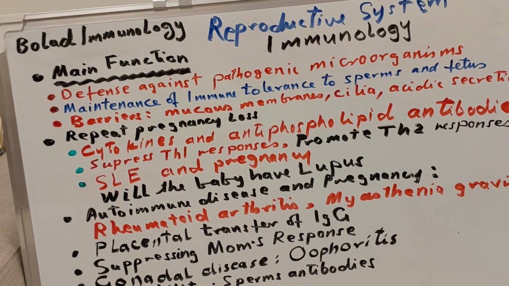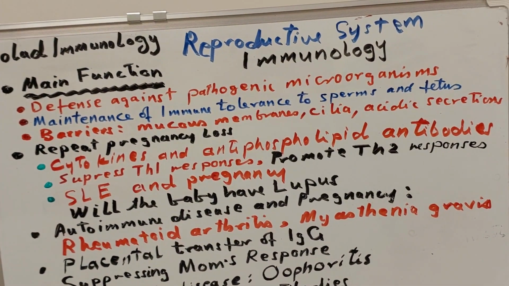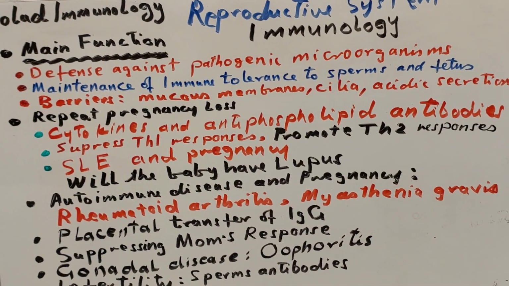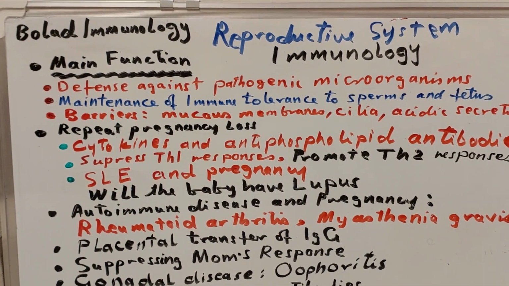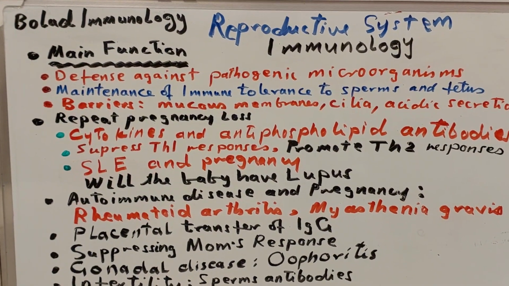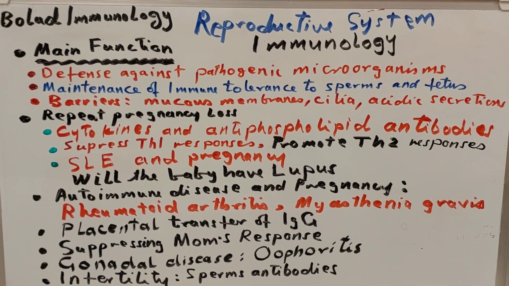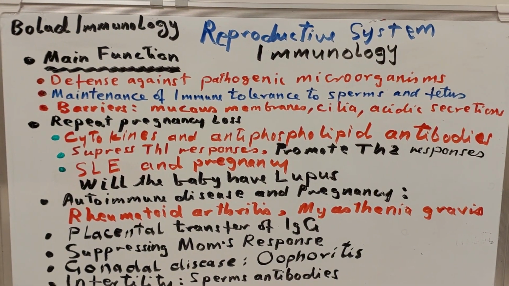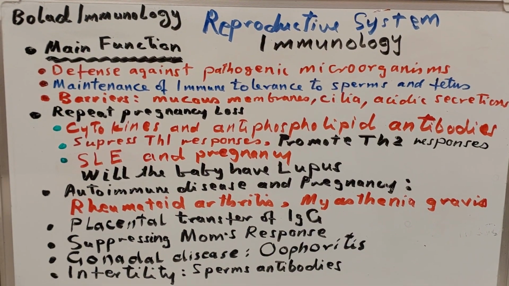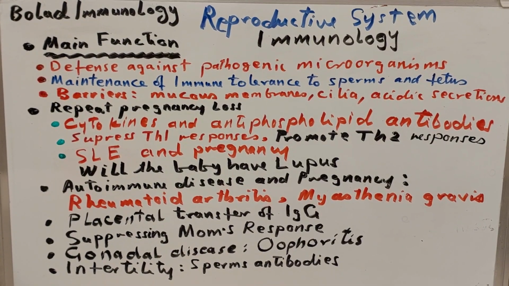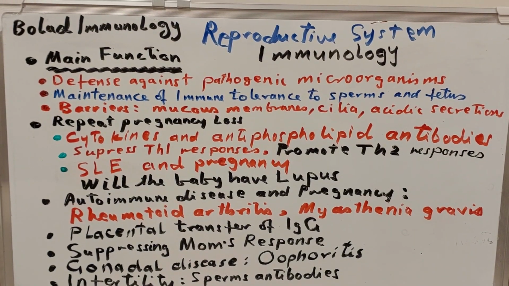During pregnancy, there is a physiological shift from T helper 1 response to T helper 2 response, because T helper 1 cytokines are inflammatory cytokines, while T helper 2 cytokines are non-inflammatory cytokines.